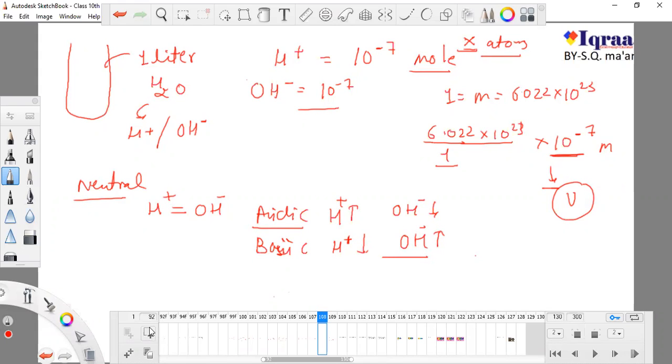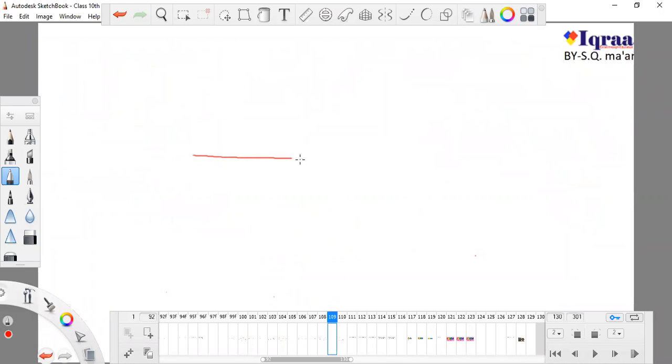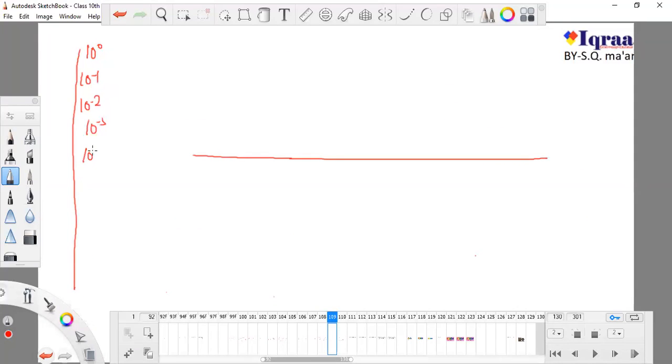Now I want to represent this in this form. This is 10 to the power 0, this is 10 to the power minus 1, 10 to the power minus 2, minus 3, minus 4, minus 5. I will roll it out in a horizontal manner.